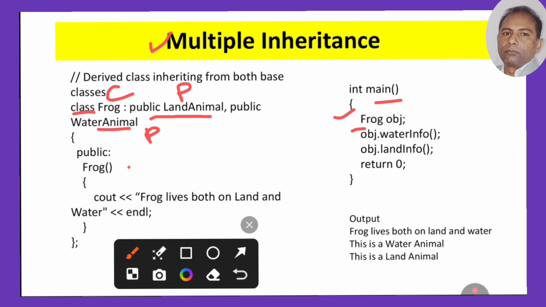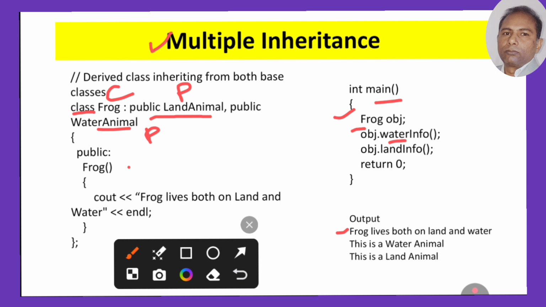So now if we write the main program here, we have made an object only for the frog class. Then with this object we can call the functions from the land animal class and water animal class. So when we make the object here, we will have the output: frog lives both on land and water.